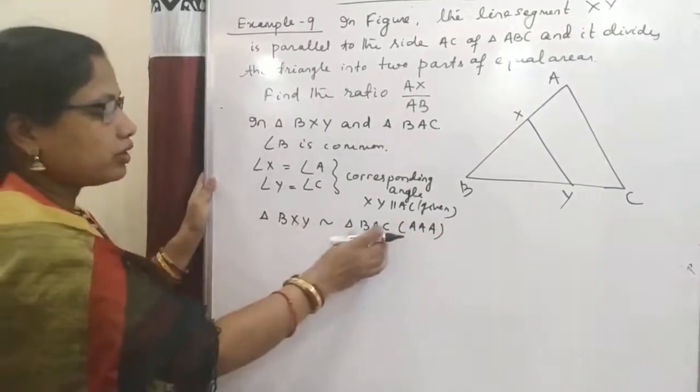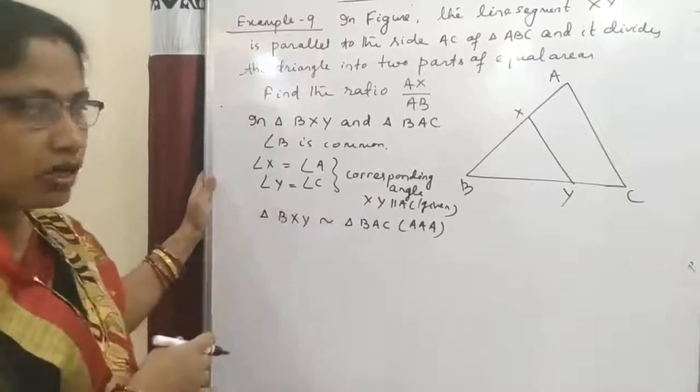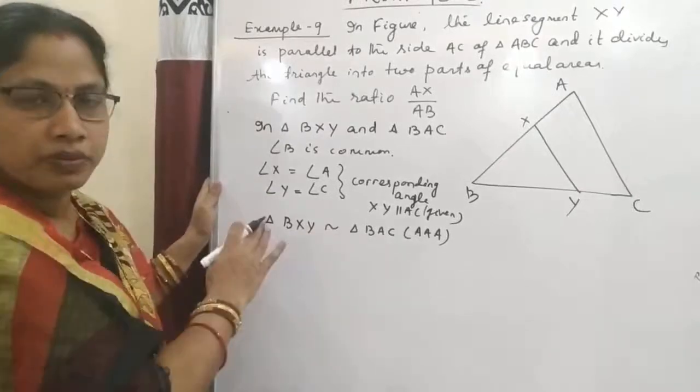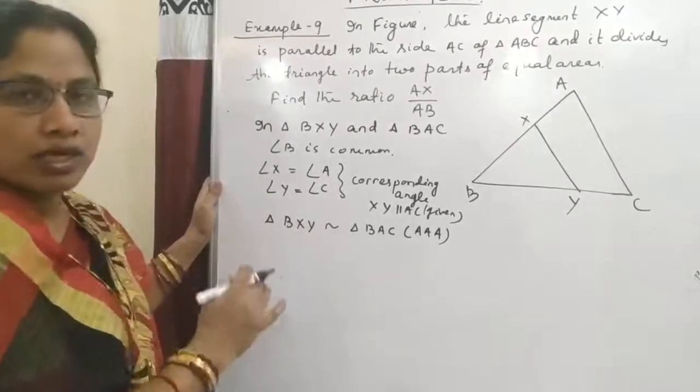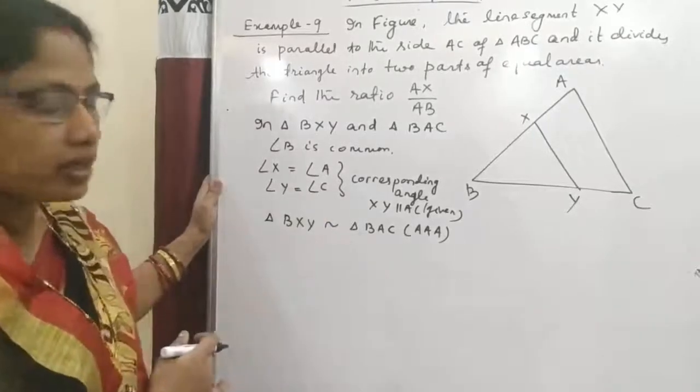If these two triangles are similar, then by our previous theorem, the ratio of the areas of the two triangles is equal to the square of the ratio of their corresponding sides.